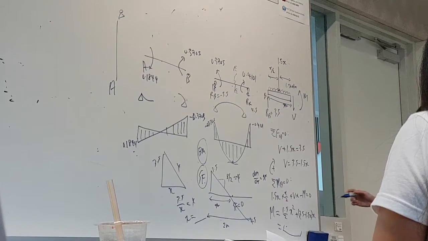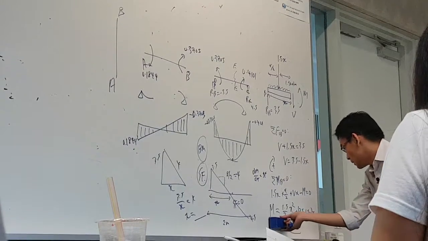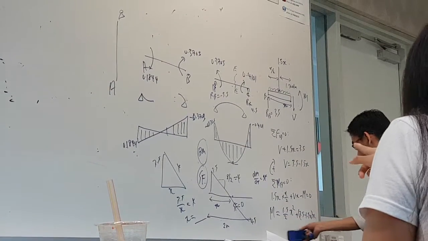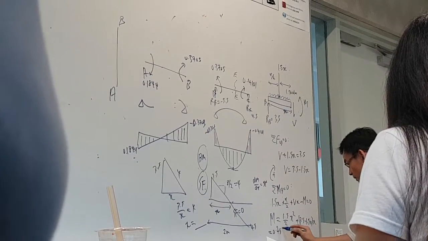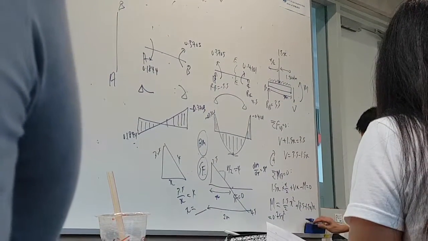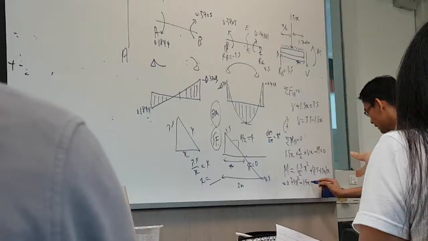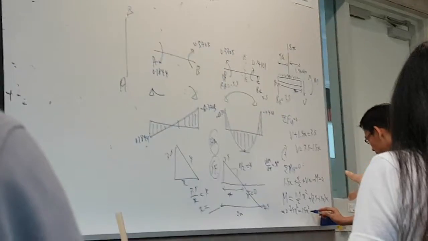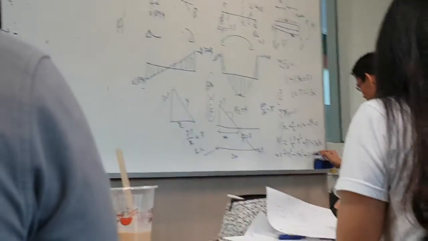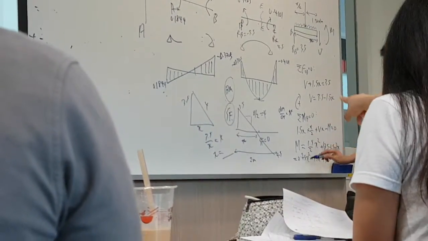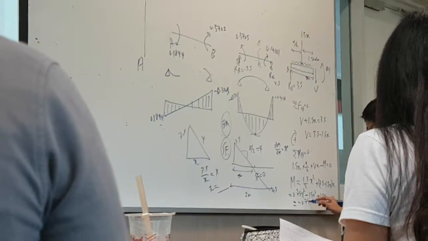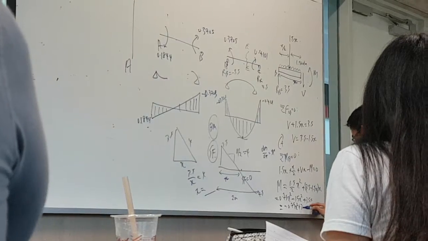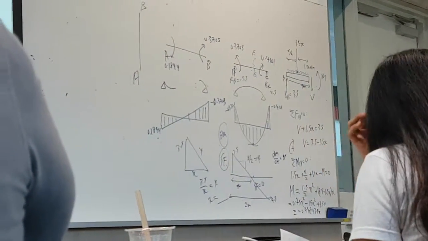This is 0.75 x squared, and this is minus 1.5 x squared, and plus 3.5x. So eventually M is equal to minus 0.75 x squared plus 3.5x.